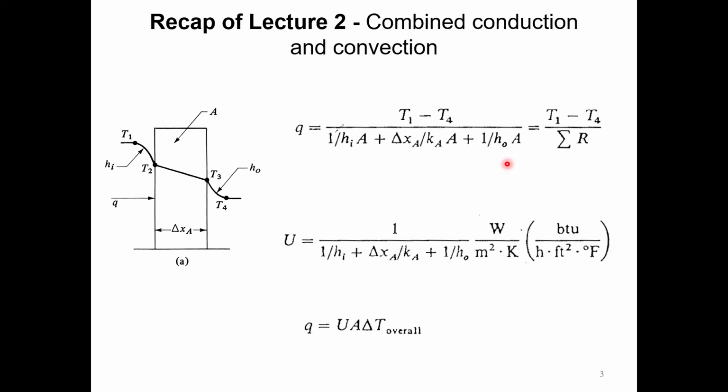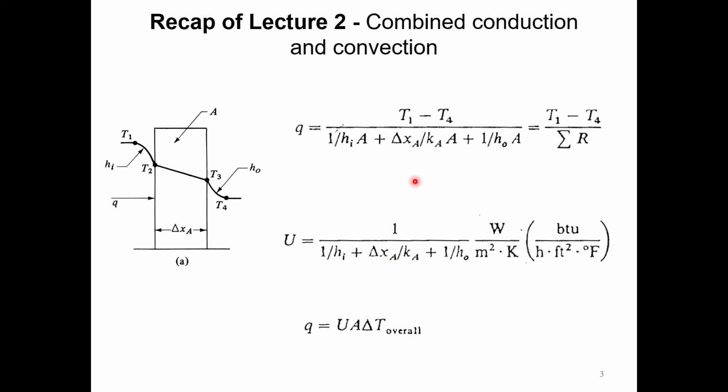We also introduced a new term called the overall heat transfer coefficient to capture all the ways by which heat transfer is happening. You want one term that captures how heat transfer happens when both conduction and convection are happening in series.